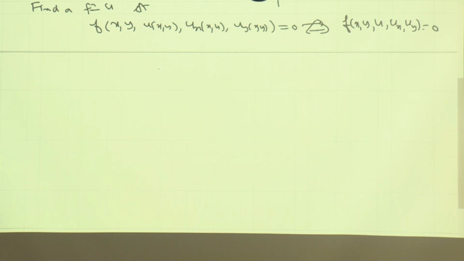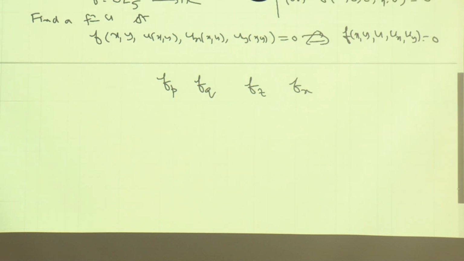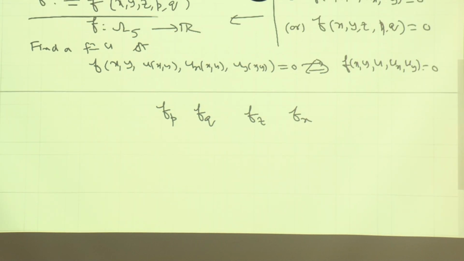Often you will see notations like this: Fp, Fq, Fz, Fx, etc. It means nothing but the derivative of this function that we have introduced here. So if I say Fq, it means I am differentiating this function with the fifth variable. You will also see in the literature people writing dou F by dou uy, what I would write as dou F by dou q.